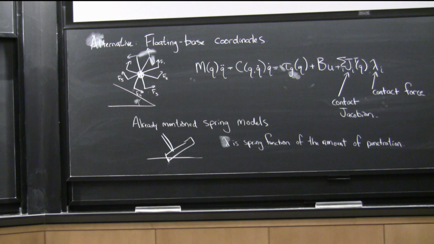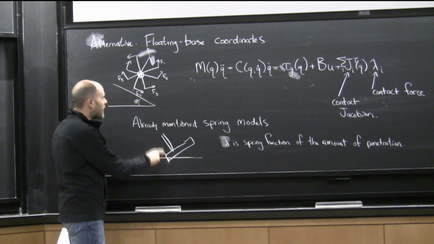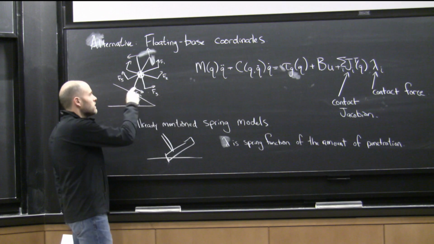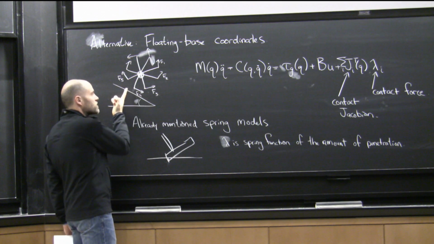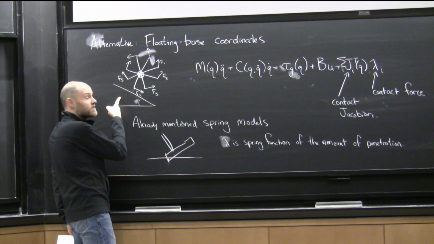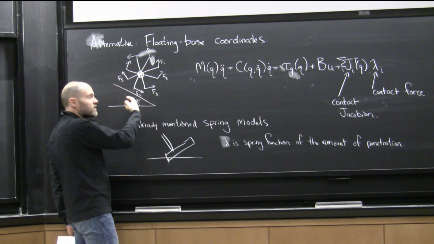And similarly, you could put a resisting frictional force that has something to do with, for instance, the velocity of the contact location. Okay, but given the floating base coordinates of the rimless wheel, I could figure out where all the feet are, set the forces to 0 if they're up in the air, set the forces to something that's pushing me back out of penetration if I am inside the ground, and then set some forces along the length of the ramp to represent friction.